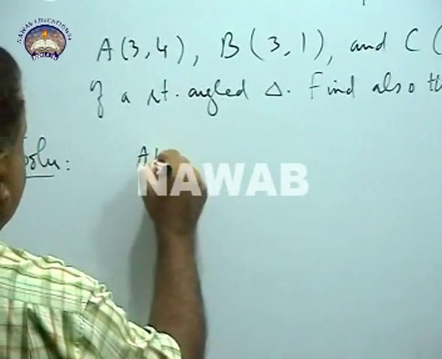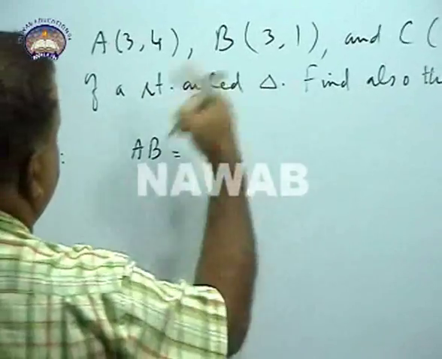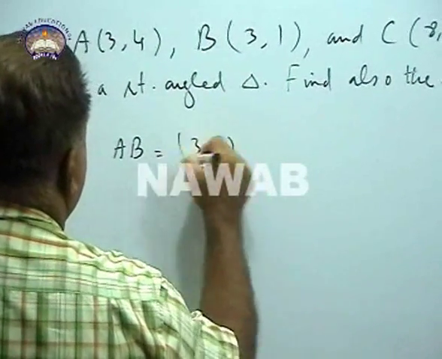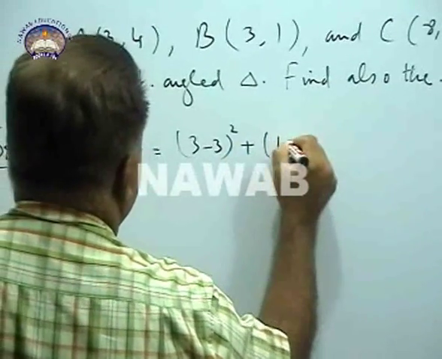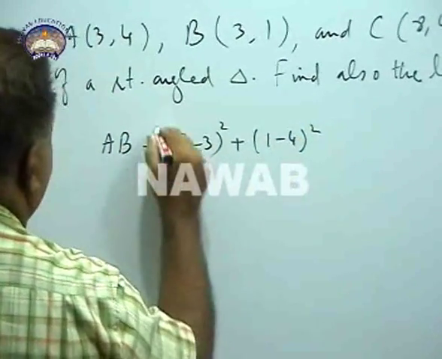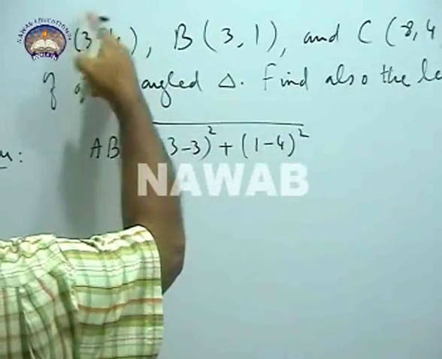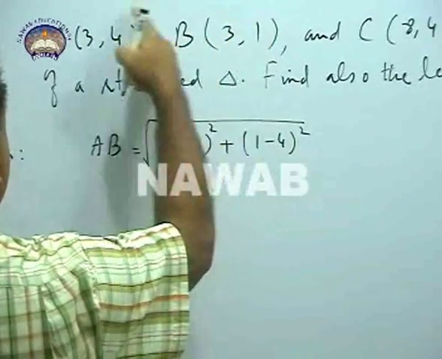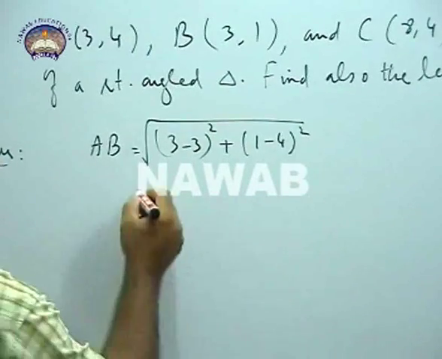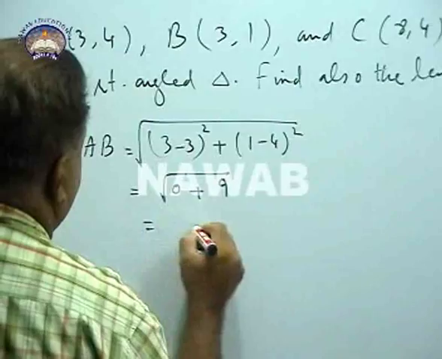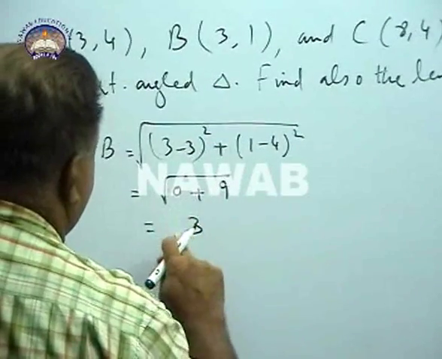So length AB will be calculated by distance formula: (3 minus 3) whole square plus (1 minus 4) whole square, whole under root, because it is (x2 minus x1) whole square plus (y2 minus y1) whole square. So it is 0 plus 9, square root of which is equal to 3.